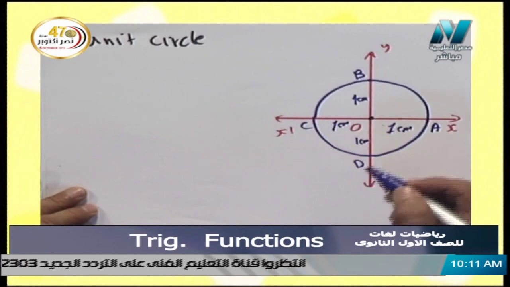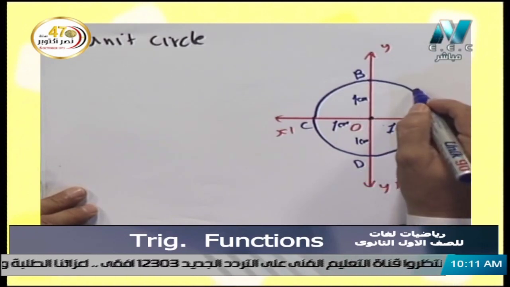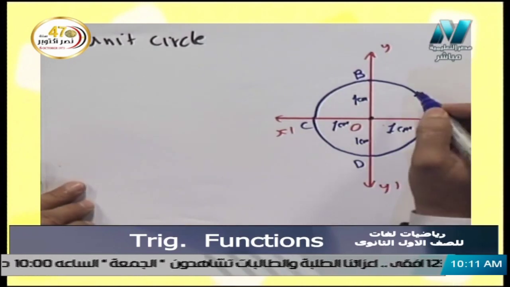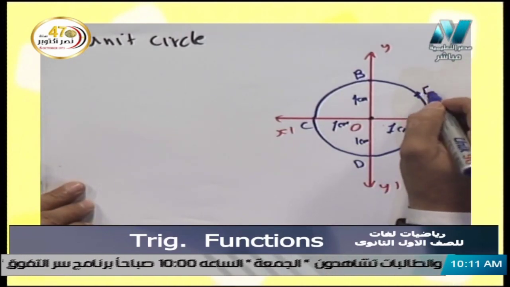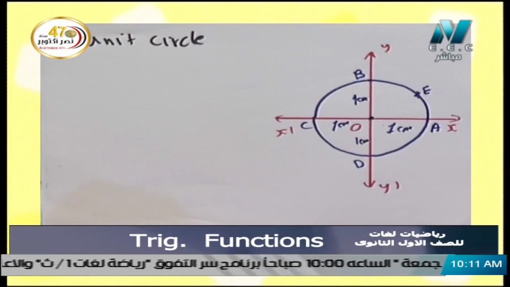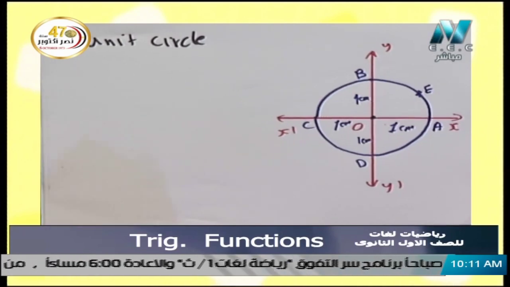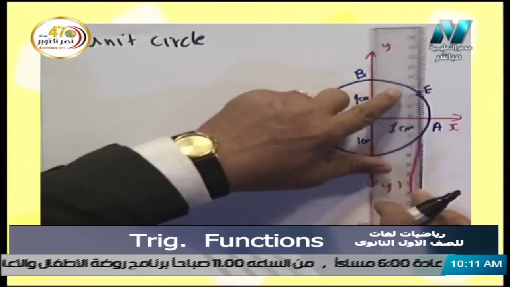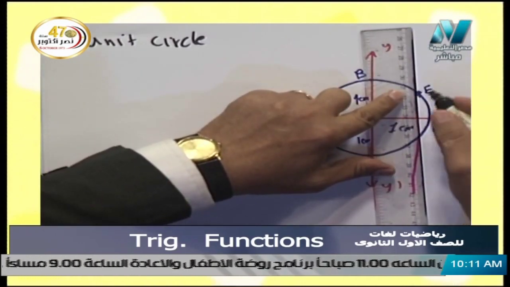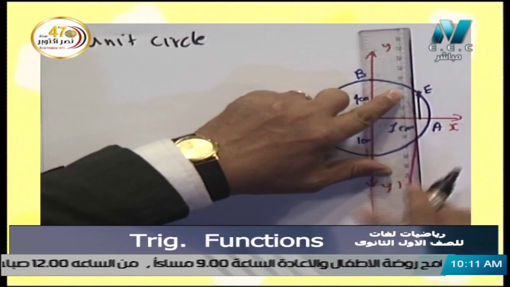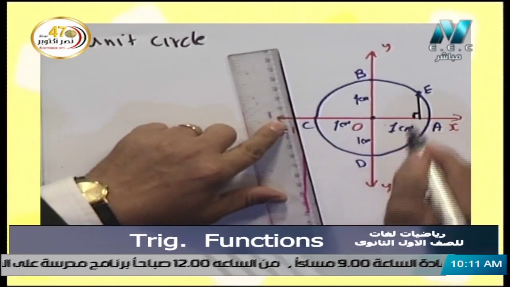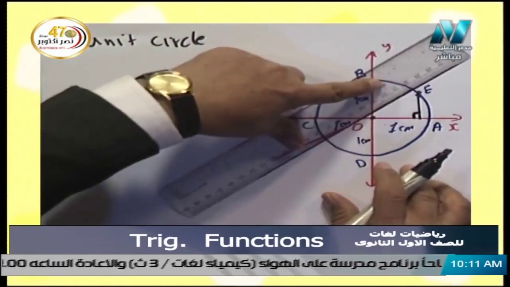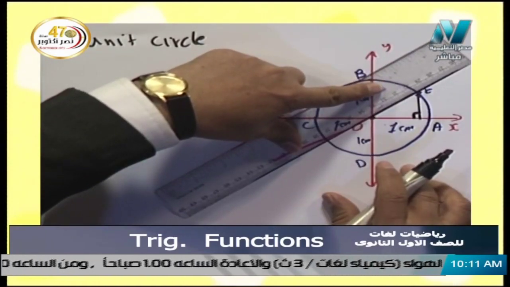Okay, and if we have a point here, say it's E, we will complete the right angle triangle by drawing a perpendicular from E to the x-axis. So we have a right angle here, and we will join OE.